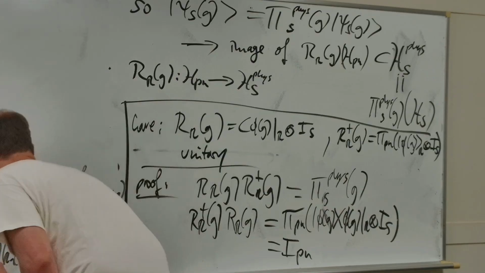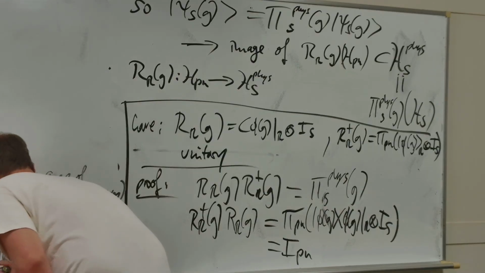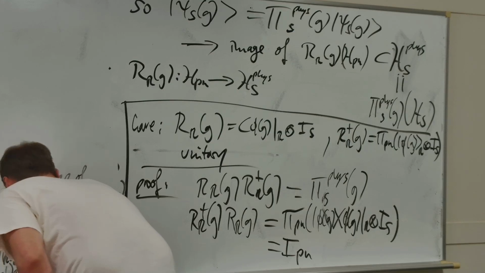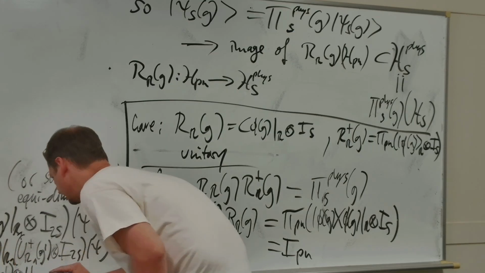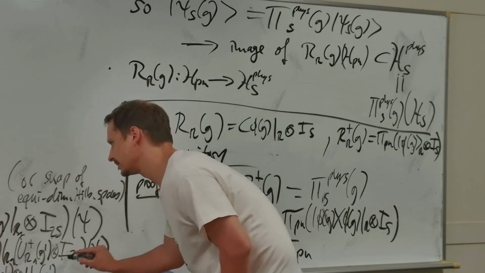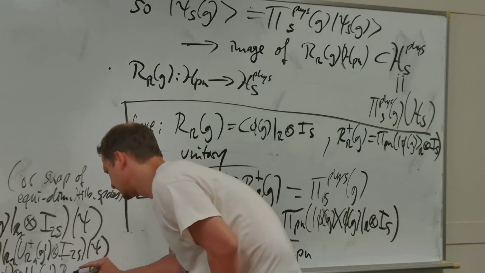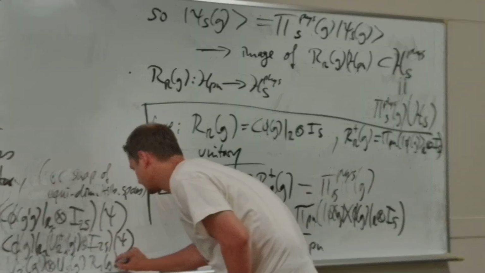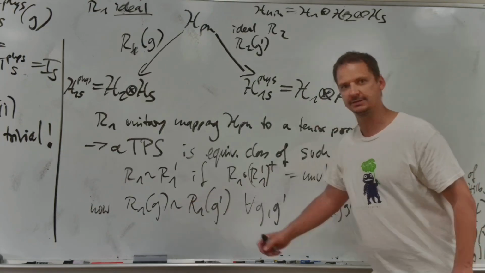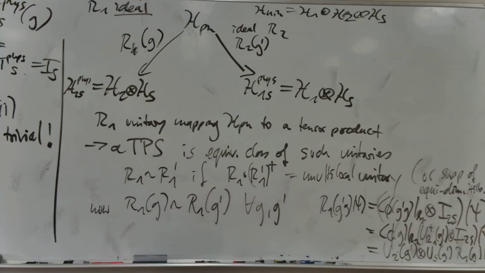Okay, so this is equal to U2 of G prime tensor US of G prime acting on R1 G psi. So this shows that they're equivalent because they're related by a multi-local unitary.